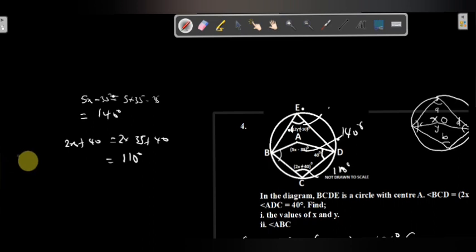So in quadrilateral ABCD, the sum of these angles will be equal to 360 degrees.